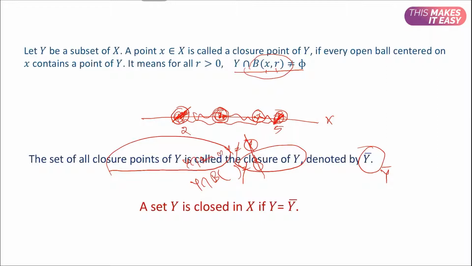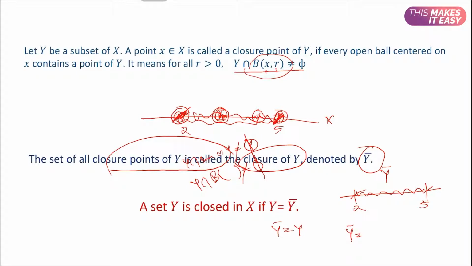A set y is closed in X if y is equal to y bar. Let's take the same set again, 2 and 5. What is y bar? All the points between 2 and 5 including the boundary points.